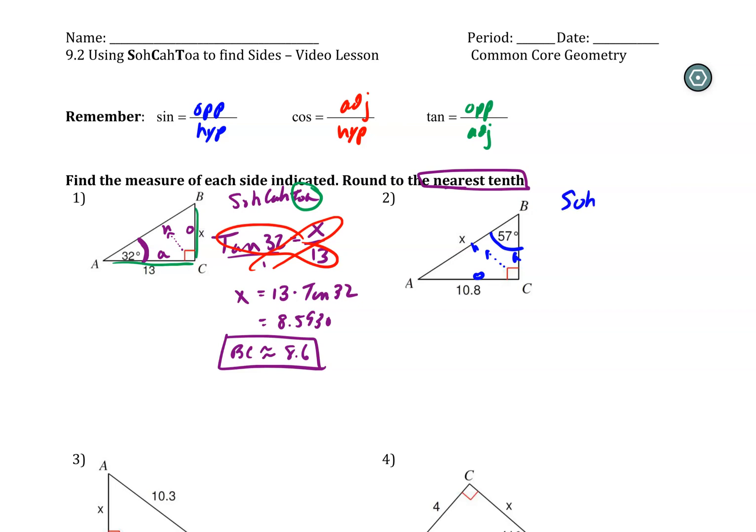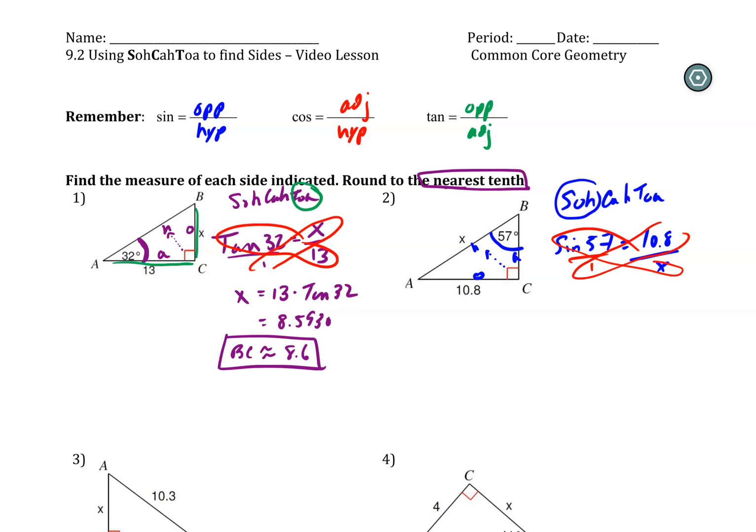Following SohCahToa, I want sine. So sine of 57 is equal to opposite, which is 10.8, over the hypotenuse, which is x.